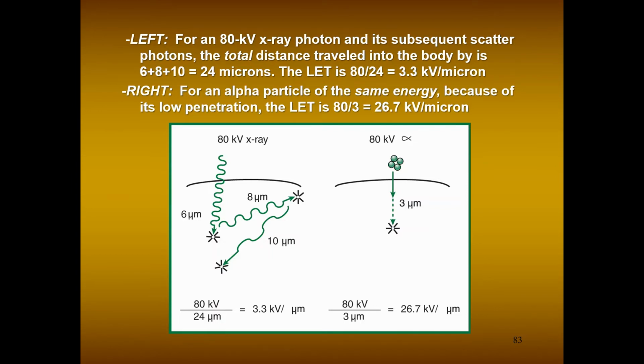So it gets 80 kilovolts of energy deposited over only 3 micrometers of path length, and that gives you 80 divided by 3, a value of 26.7 kV per micrometer. So we can say that using this LET measurement, alpha radiation is more biologically effective because it deposits its energy into a much more concentrated area, whereas the X-ray photon spreads it out over a larger area.